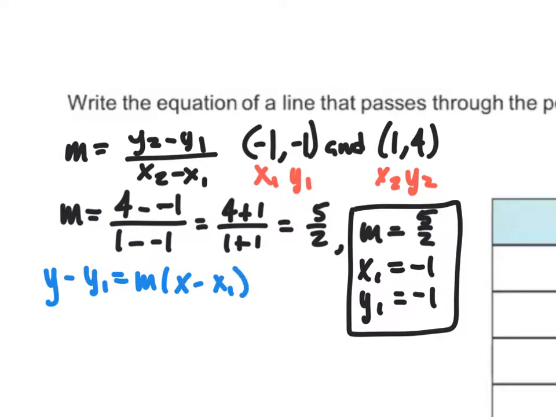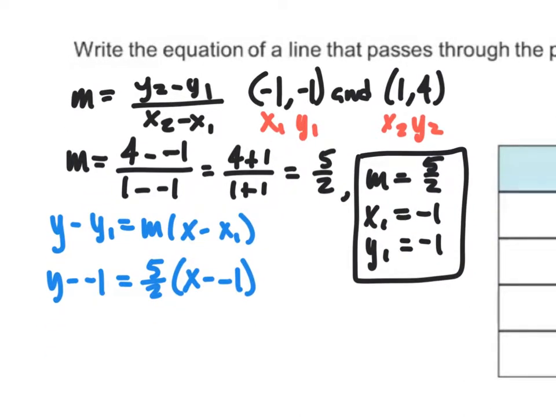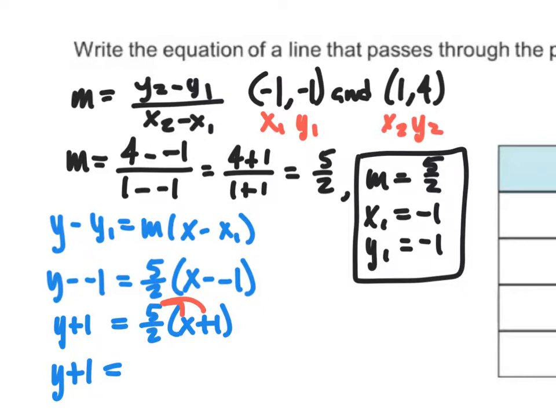Plugging these in, I've got y minus -1 is equal to 5 halves times x minus -1. As a result, I get y plus 1 is equal to 5 halves times x plus 1. So I'm going to distribute my 5 halves here, and we get y plus 1 is equal to 5 halves x plus 5 halves.